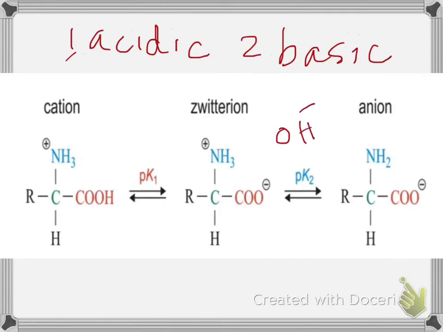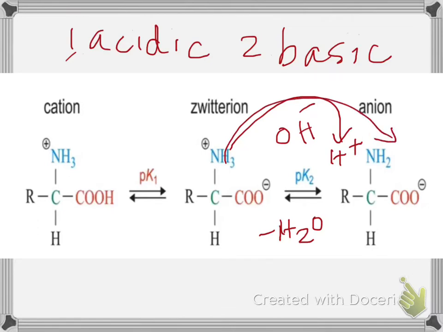So what happens is, the H plus from the NH3 plus of the zwitterion moves out, forming a water molecule, and it is converted to NH2.